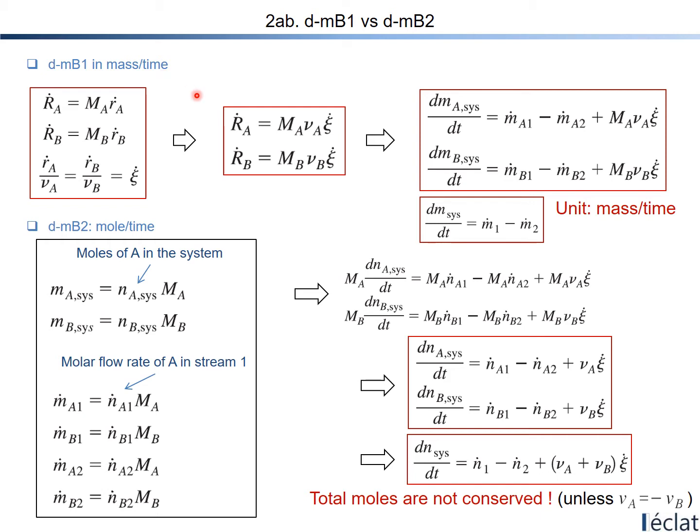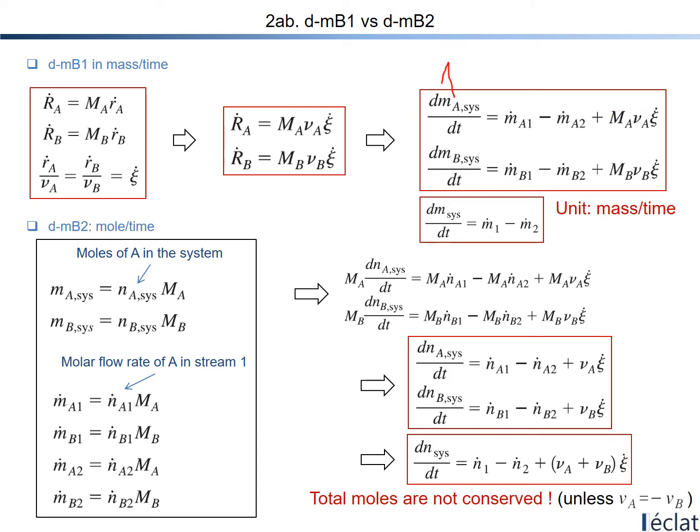So let's go to the final equation directly. dM_A/dt, the mass of component A in the system, is equal to input minus output plus generation minus consumption term, right?